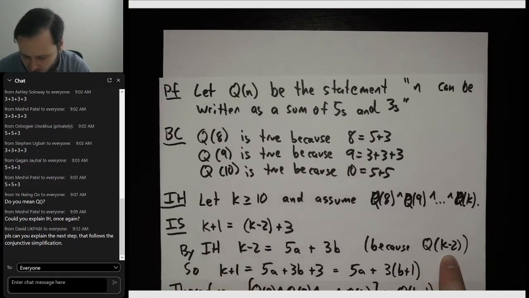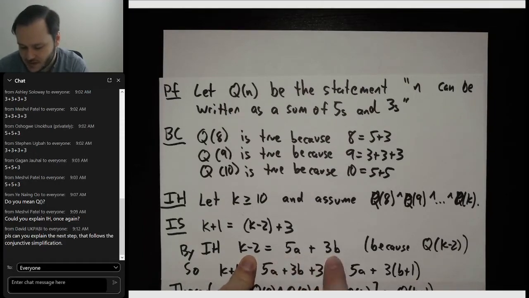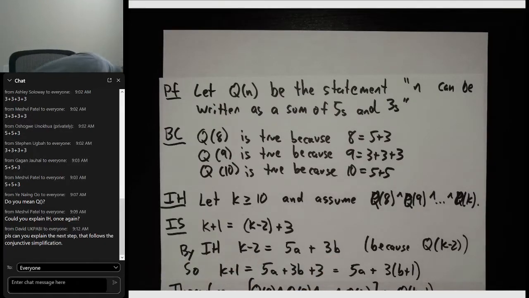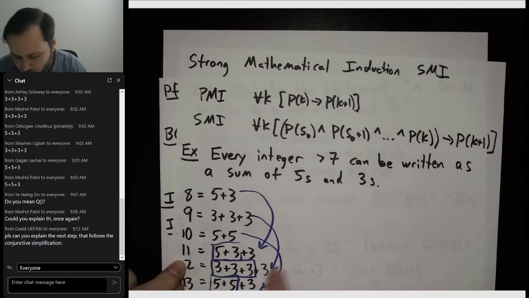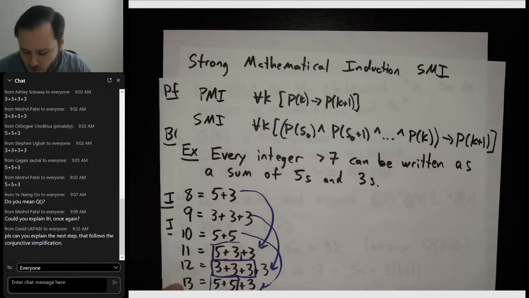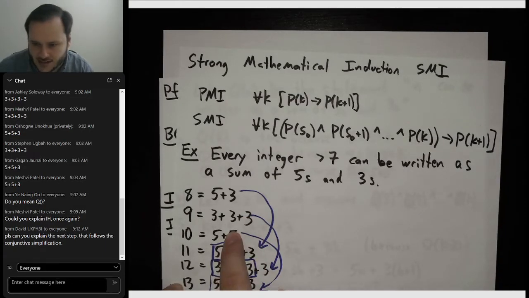Q of k minus 2 tells me how to write k minus 2 as a sum of 5s and 3s. That is our jump back 3 steps moment. If I want to know how to do 12, I jump back to 9. If I want to know how to do 13, I jump back to 10.